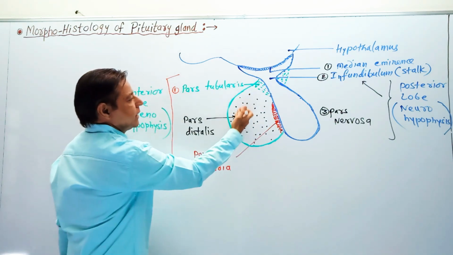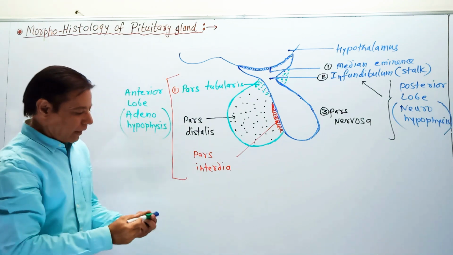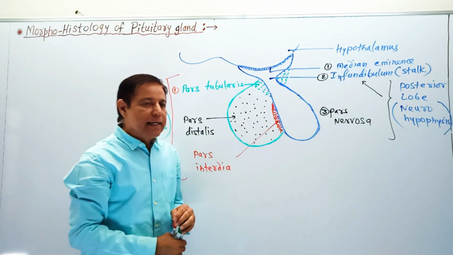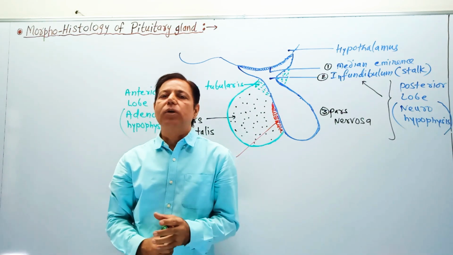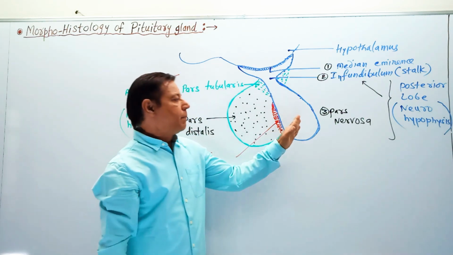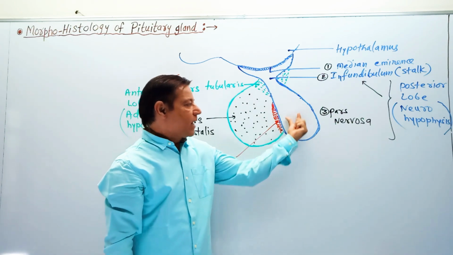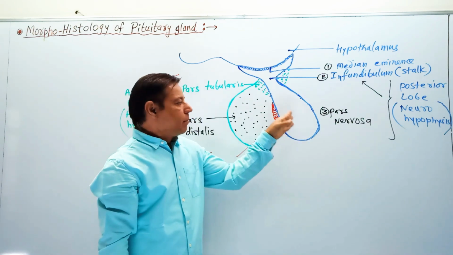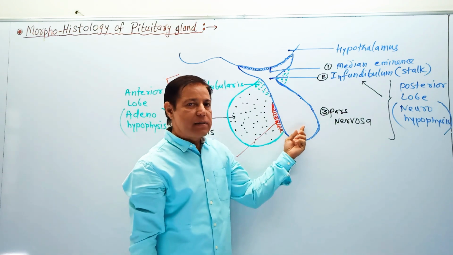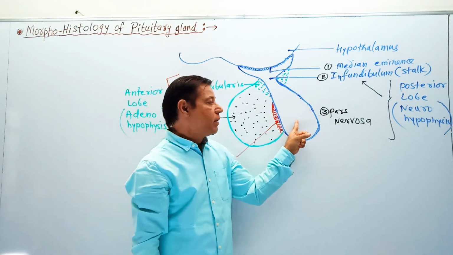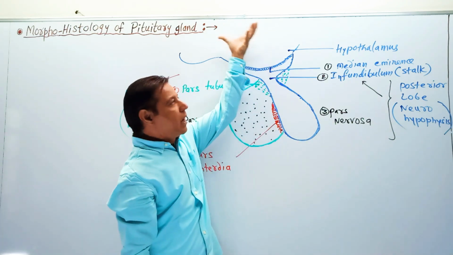Okay, anterior lobe, posterior lobe, adenohypophysis, neurohypophysis. The anterior lobe is secretory, while the posterior lobe, the neurohypophysis, is a non-secretory part of the pituitary, because there are no secretory cells, but the pars nervosa, or neurohypophysis, the posterior lobe, releases hormones of the hypothalamus.